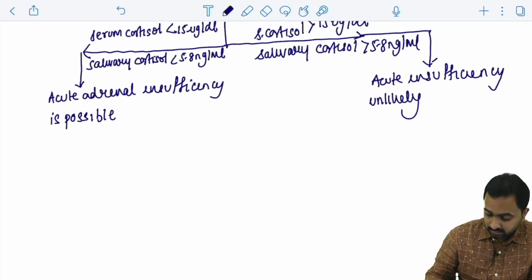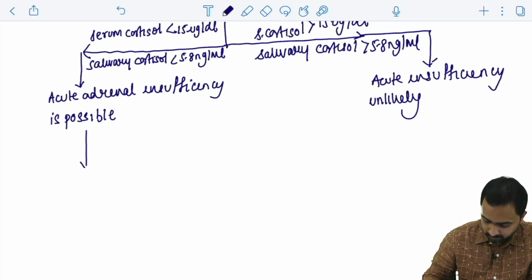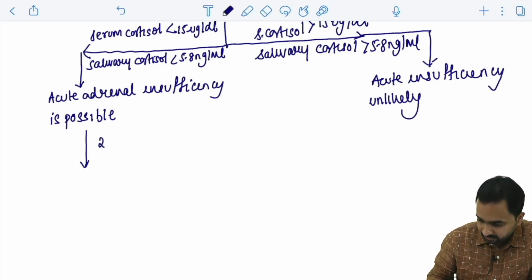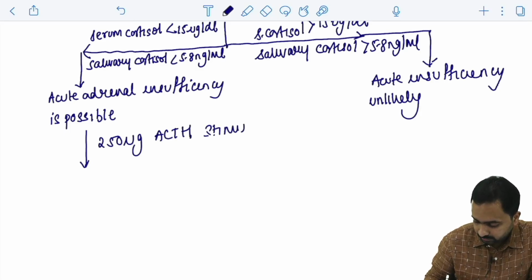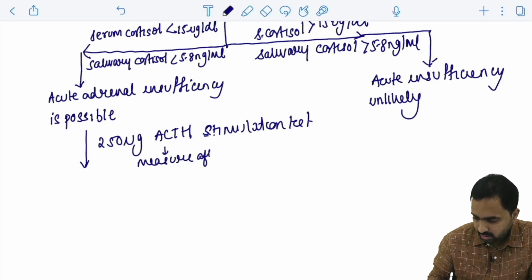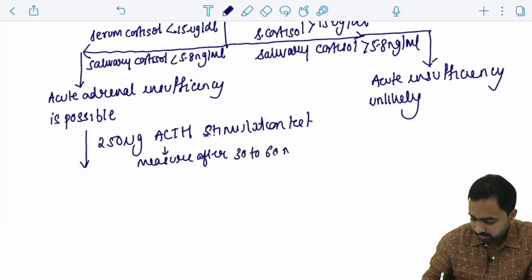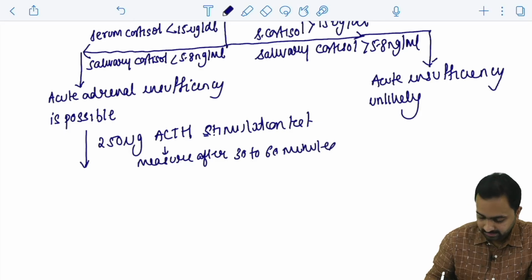Once this is possible, then we give a 250 microgram ACTH stimulation test and measure after 30 to 60 minutes.